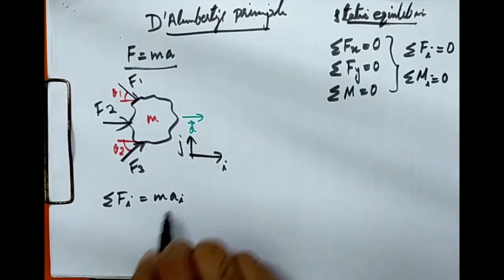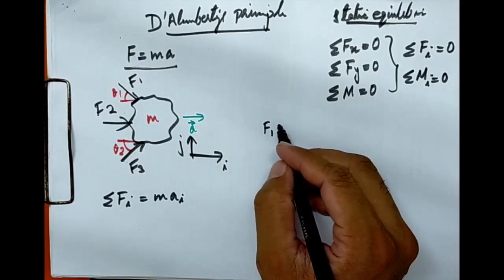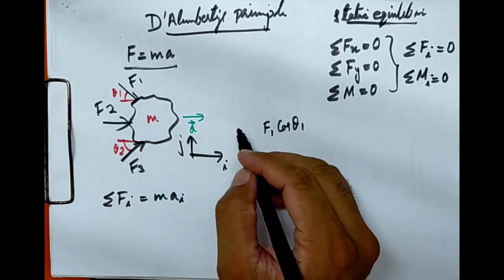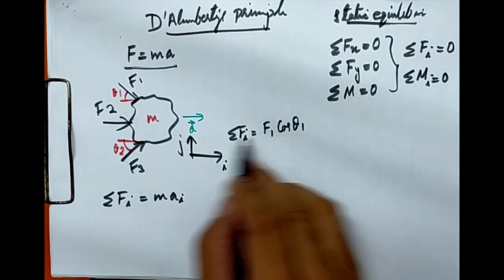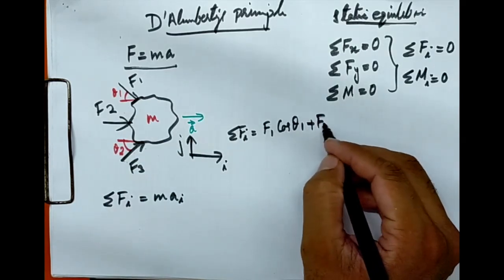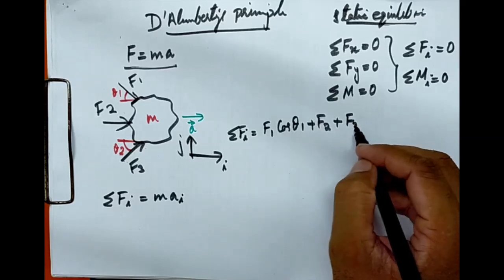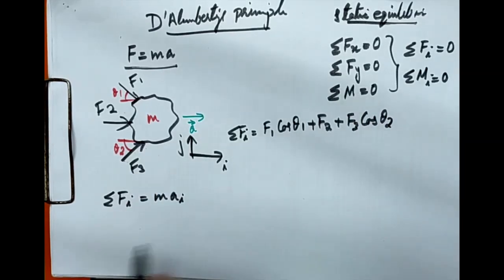If I'm considering the i direction, I will be getting F1 cos θ1, which is basically the component. I'm writing the sigma Fi component: F1 cos θ1, which is in the i direction. Again, F2 is also in the i direction, plus F3 cos θ2.